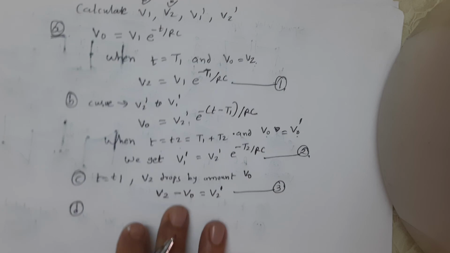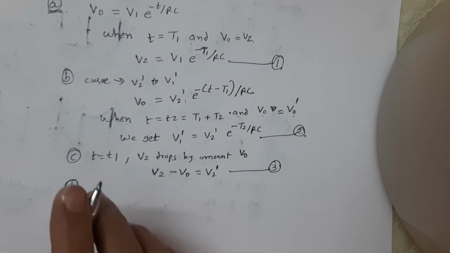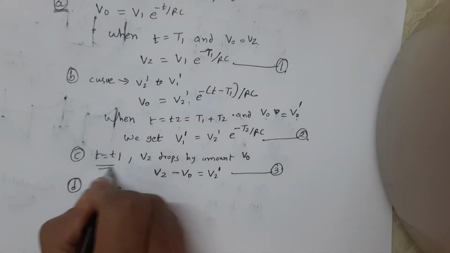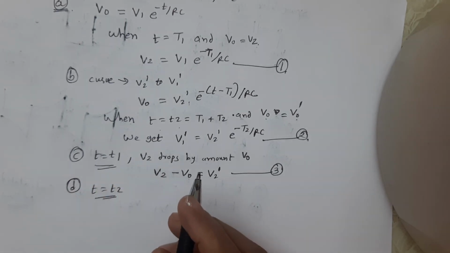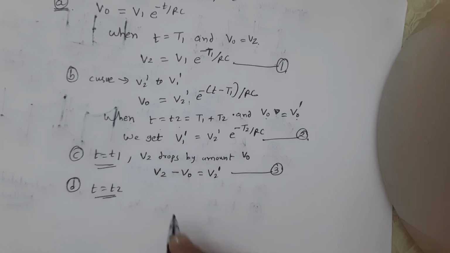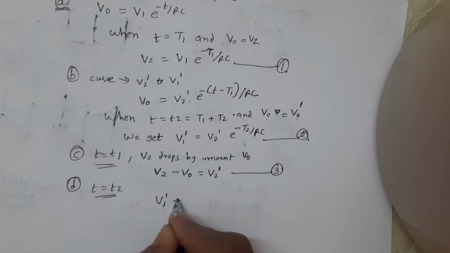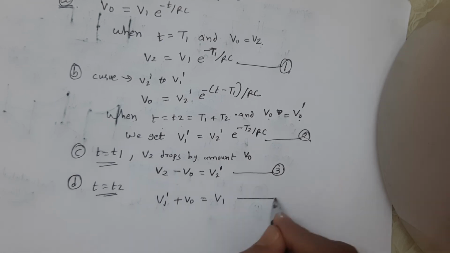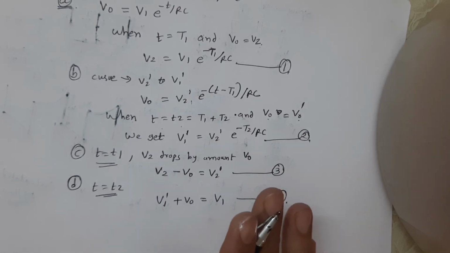And the final, D, at instant t equal to T2. What happened at t equal to T2? The output voltage V1 dash abruptly increases by an amount V0 to attain a value equal to V1. Therefore, V1 dash plus V0 is equal to V1. This is our final fourth equation.